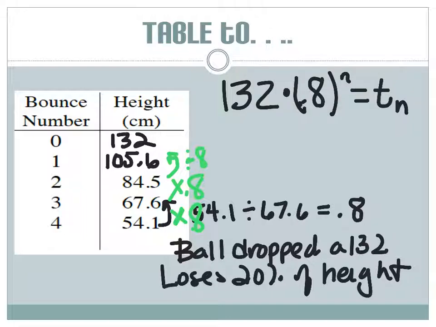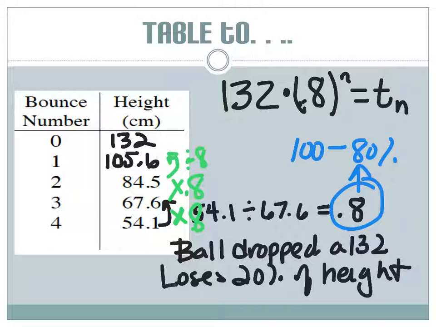So since it's 0.8 of a multiplier, that means 100 minus 80%, remember that's what that is in percent form, that means we have 20% is what's being dropped each time. So it's losing 20%, it keeps 80% of its height until it stops working.